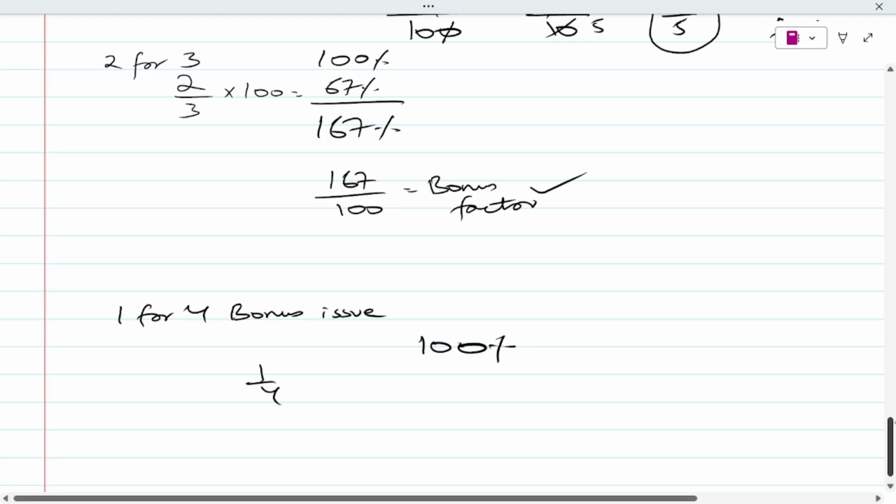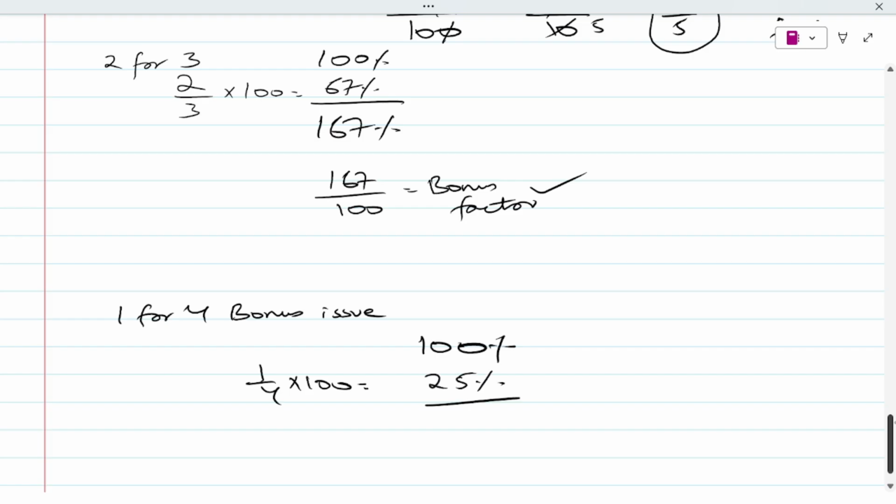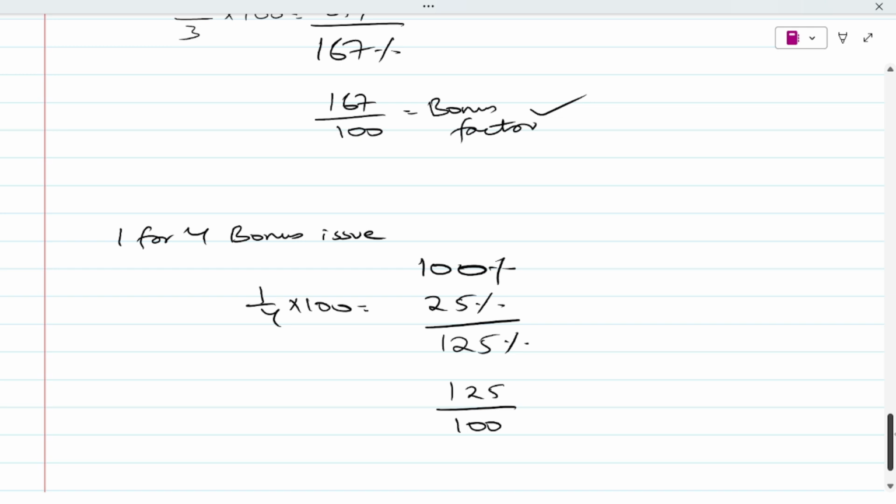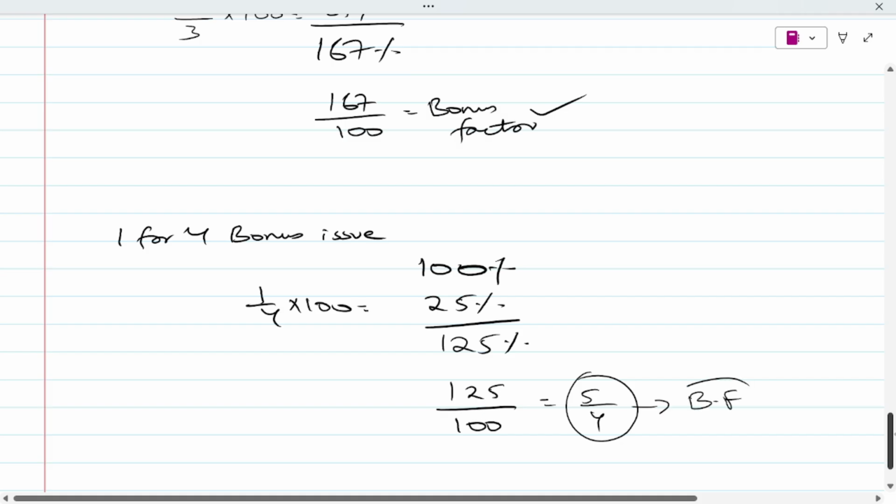If I convert this into a percentage, how much is that going to be? That's going to be 25%, right? So 100 plus 25 is 125%. If I convert this into a non-percentage, it's going to be 125 divided by 100, right? And if I simplify this, you're going to get 5 over 4. So 5 over 4 is your bonus factor.